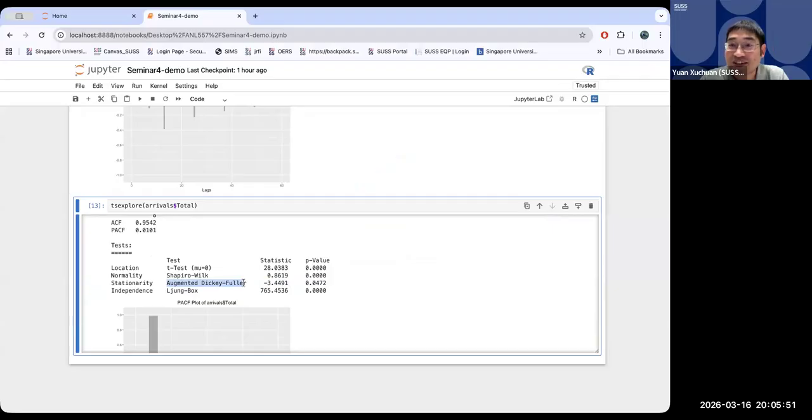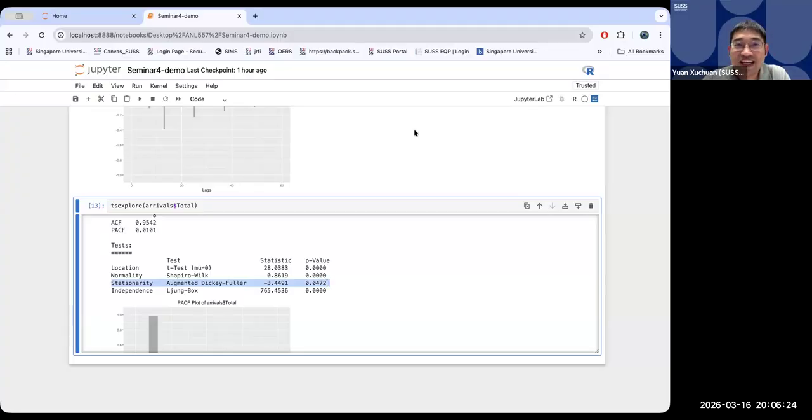If a time series has a unit root, that means your time series is not stationary. So this is referred to as the ADF, the unit root test. Later we will discuss the unit root test, using the ADF test.